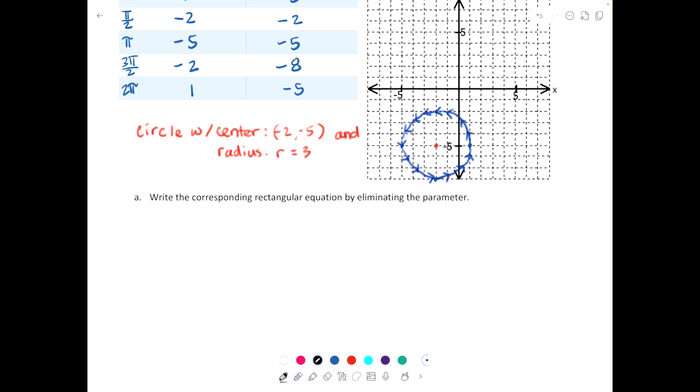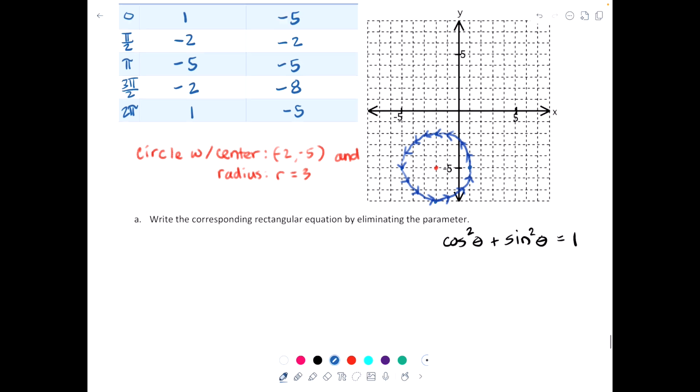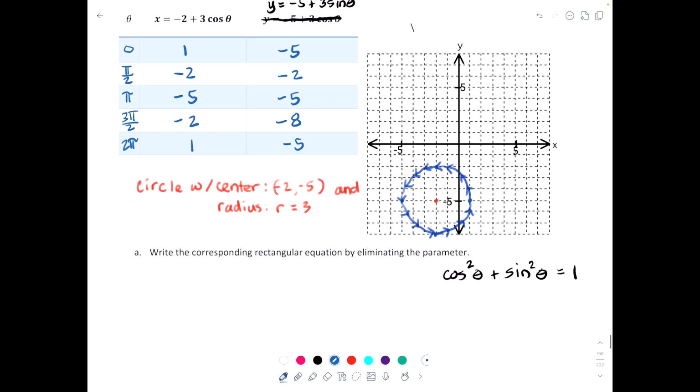Always keep in mind that cosine squared theta plus sine squared theta is equal to 1 as part of your toolbox. So our equation was x equals -2 plus 3 times cosine theta, and then y was equal to -5 plus 3 times sine theta.